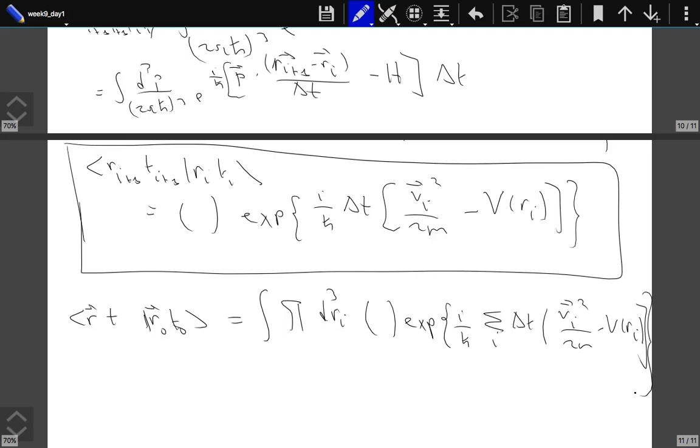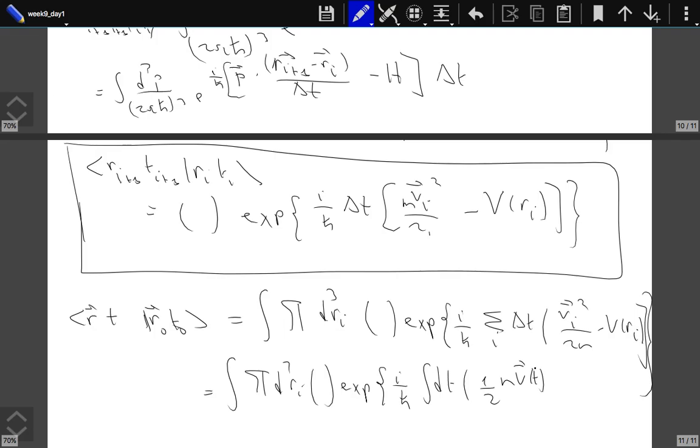But in the limit as delta t goes to 0, that summation is nothing but my integration over time. Oops, sorry, this is 1 over 2 m v squared, v at time t squared, minus V of r at time t.